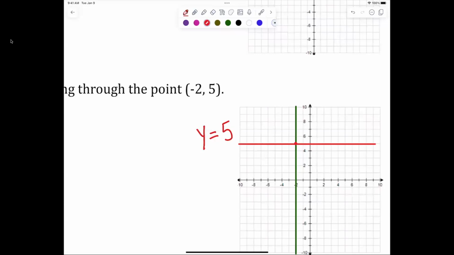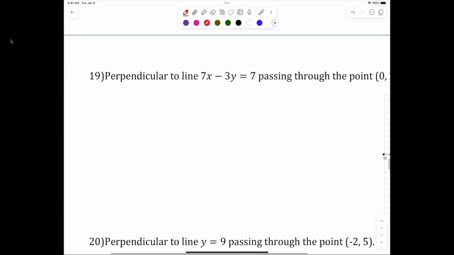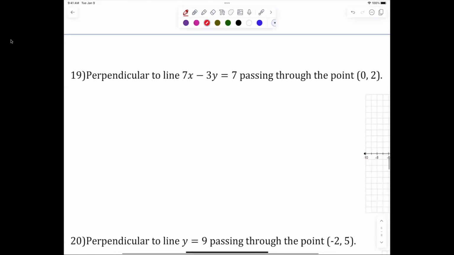All right. Now, I know we're going to be done here in a minute, and I don't want to give you a bunch of work. So here we go. Let's do number 19 together real quick. Everybody's doing 19. I have a problem here because it's not in the right format, correct? So I have to move the what? 7x.